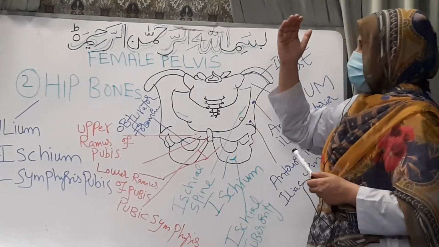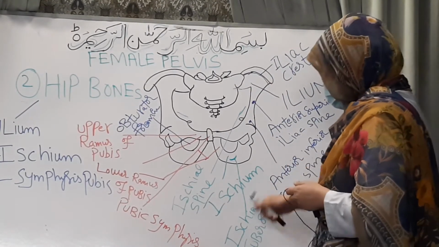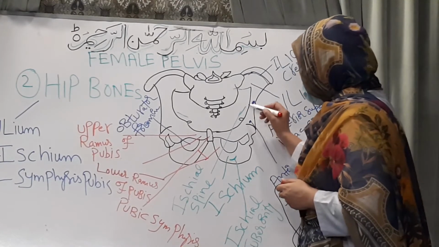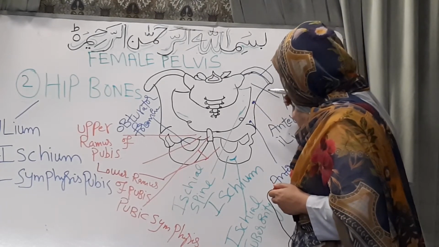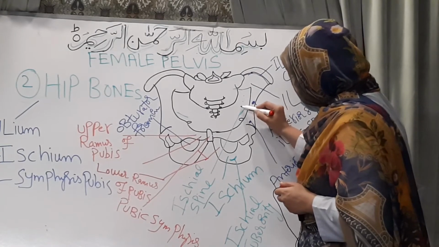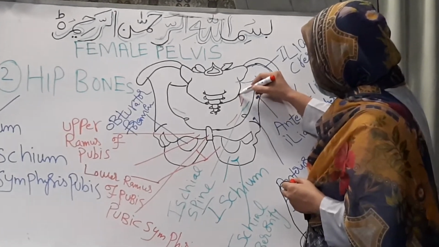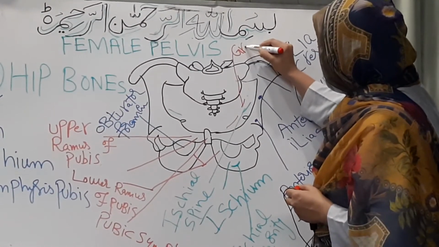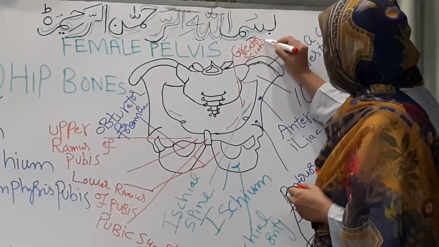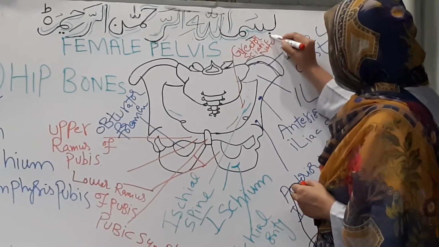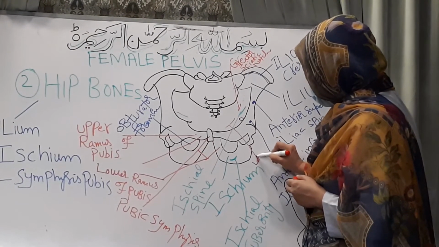Now, if we see the pelvis from behind or from the posterior view, there are two notches. Here, look here. There will be one notch and there will be another notch. This notch is known as greater sciatic notch, and this notch is known as lesser sciatic notch.